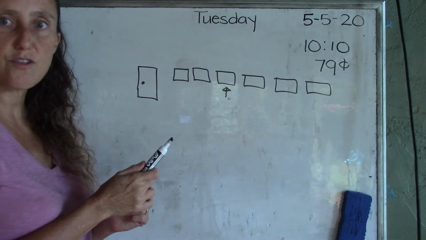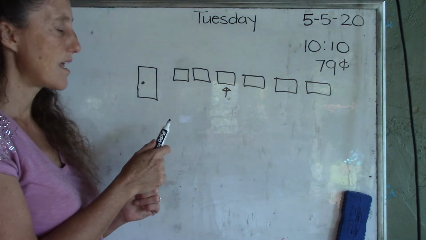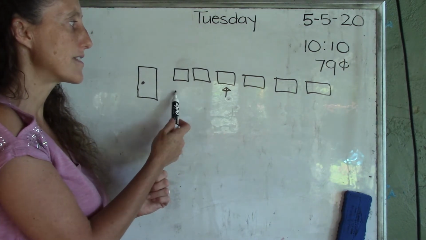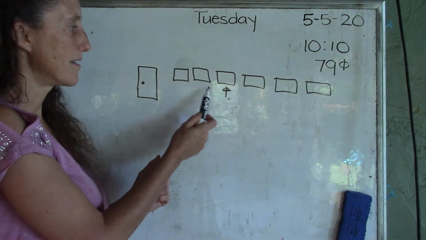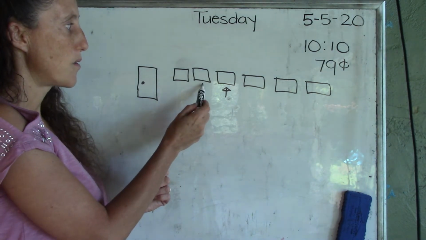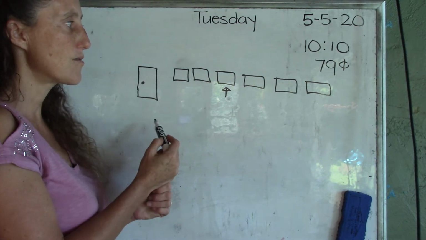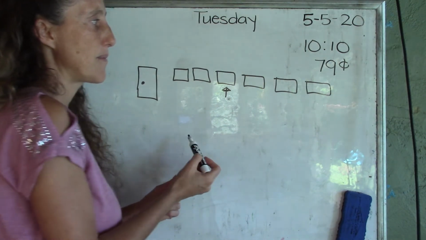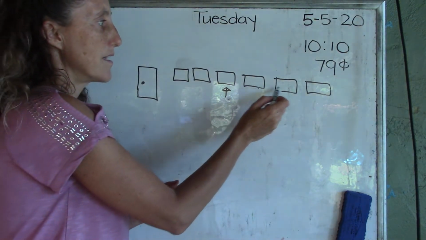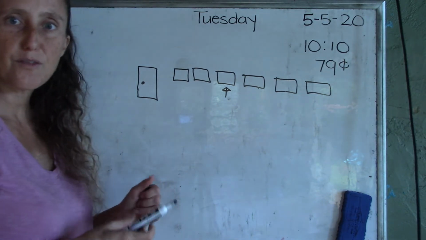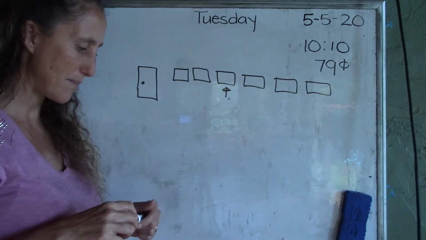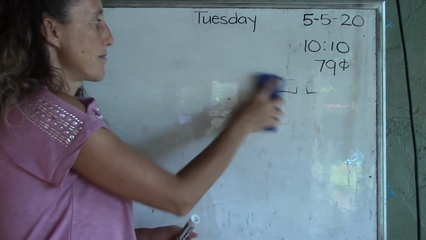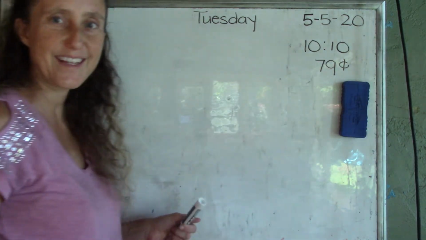Now, how many are to the left of your backpack? This is left. 1, 2. 2 are on the left of your backpack. How many are on the right of your backpack? 1, 2, 3. 3 would be on the right of your backpack. Okay, so remember to hang up those backpacks, right?